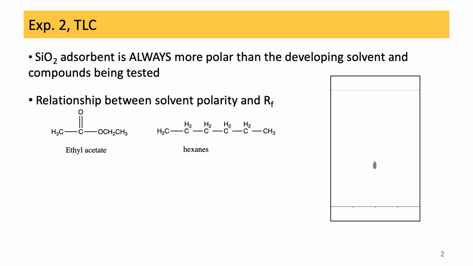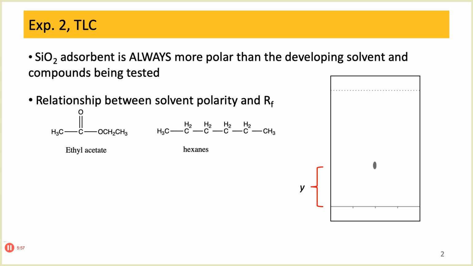So if it only goes that far when using, let's say, 10% ethyl acetate in hexanes, and I want it to go further, I can get it to go further. Let's say I want to move it up this far. I just need to make my developing solvent more polar, because as I make it more polar, I pull it further up the plate.